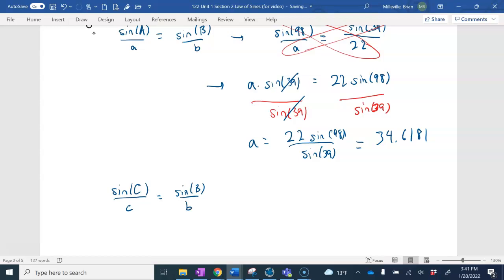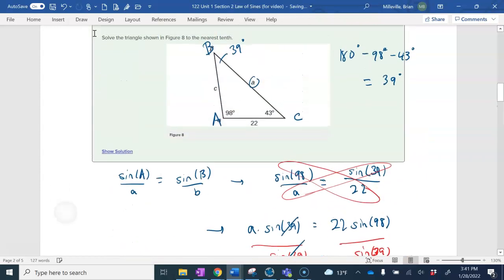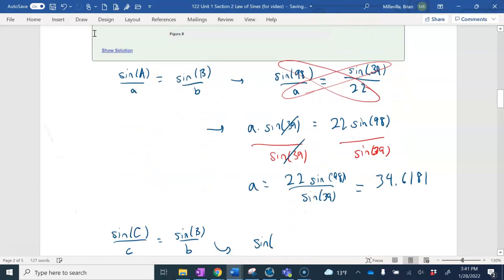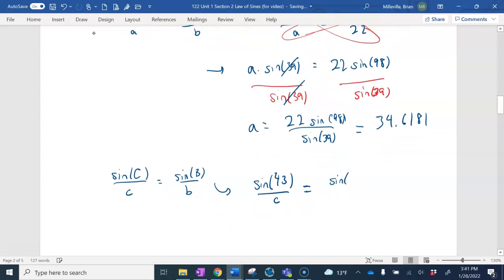Now I'm plugging these numbers in. We know from our figure that the angle capital C is 43 degrees. We don't know the side C, so we're going to put in 43 degrees for capital C, put down side C, and leave that alone. That is then going to equal sine of 39 degrees divided by 22.